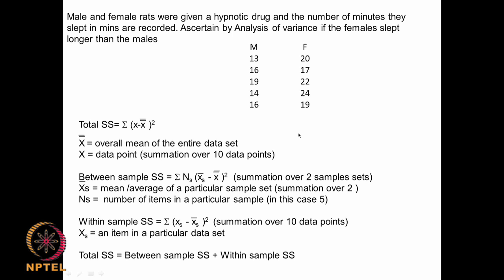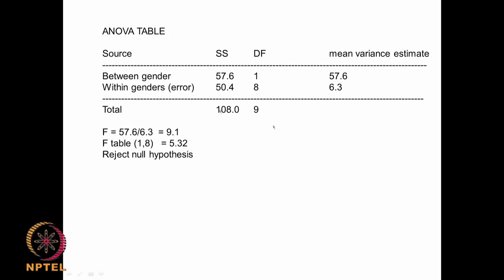Okay. So, I have the ANOVA table. For the total, I told you how to calculate, the degrees of freedom is 9. For between sample or between gender sum of squares, I know I have only 1 degree of freedom. I divide this term by this term to get the mean square. For my variance estimate within gender, the degrees of freedom is 8.